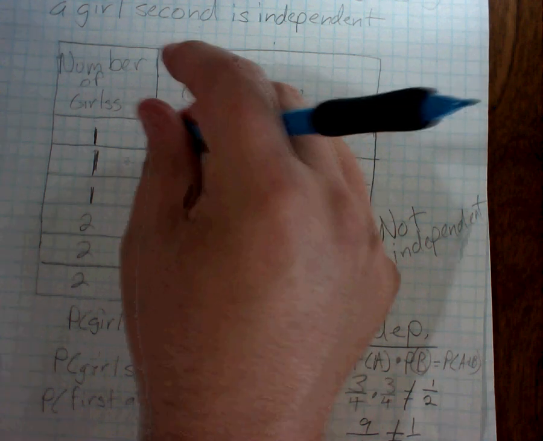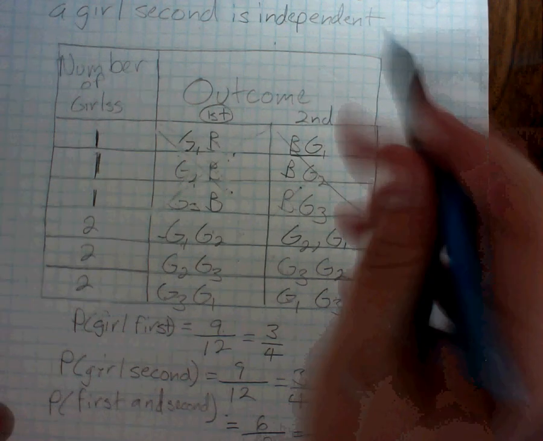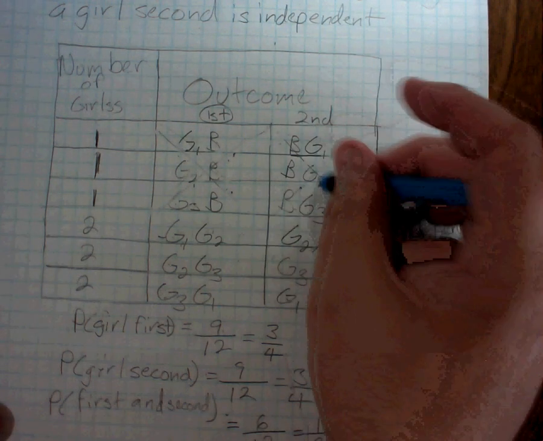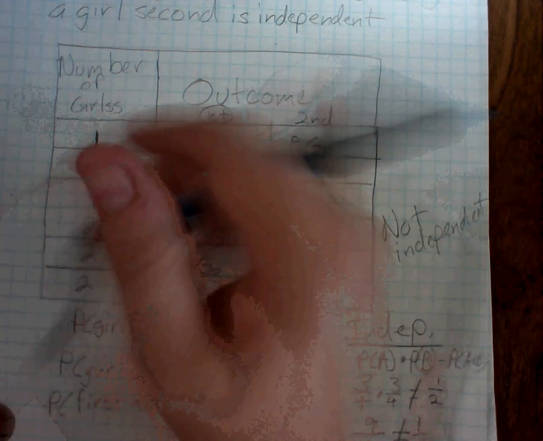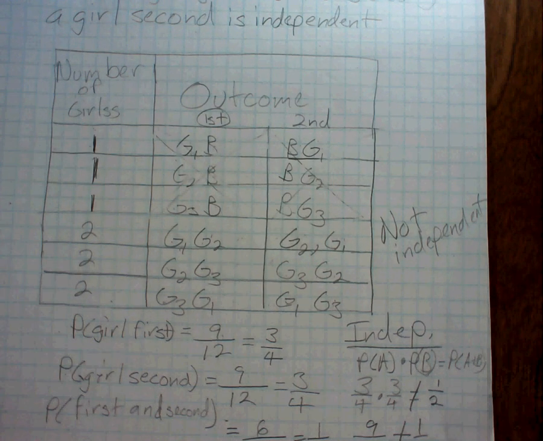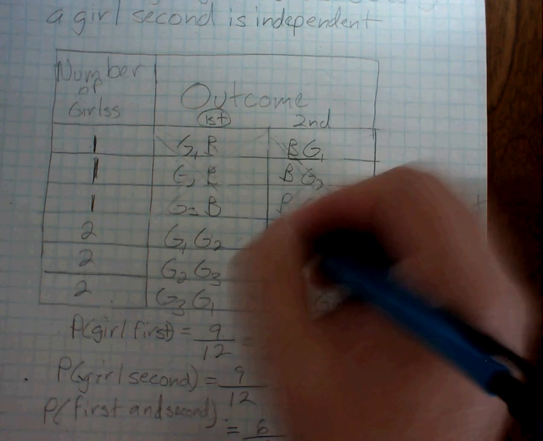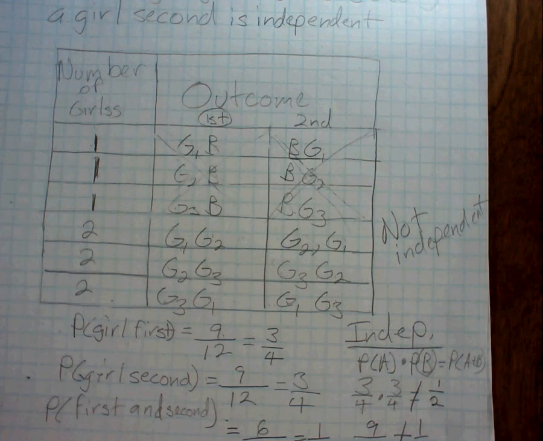So the sample space is dependent upon, it's okay to think out loud, given that the first is a girl. Yeah, so we wouldn't count these in the sample space. I don't know. I'll have to get back to you on that one.